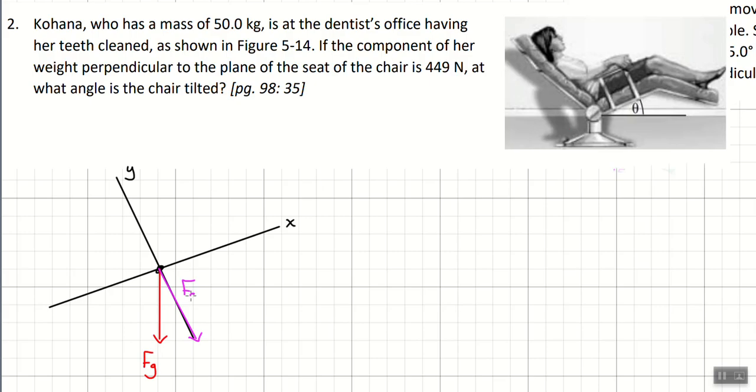I called this on mine force of gravity in the y direction. This is how I denote it instead of saying perpendicular. We don't even need the parallel part, do we? Piece of cake. But if I wanted to draw it, it's here. This is the force of gravity in the x direction. Now that's how I denote this, but if you want to use parallel and perpendicular, I'm fine with that. We're just looking for the purple one.